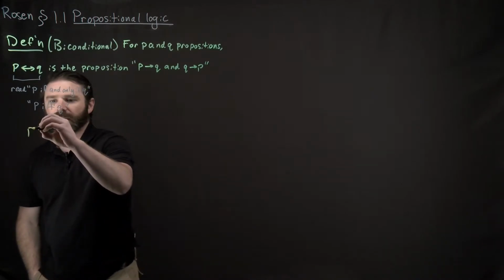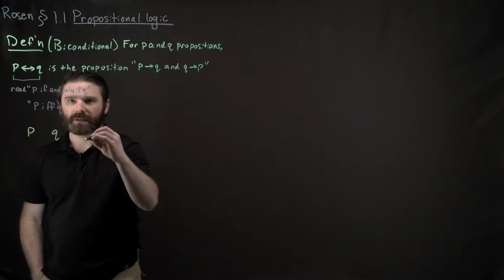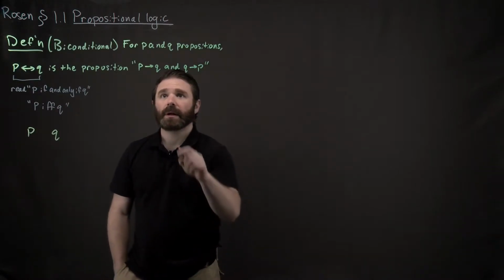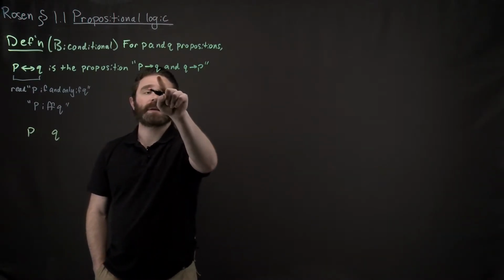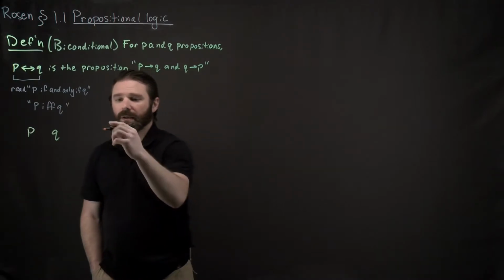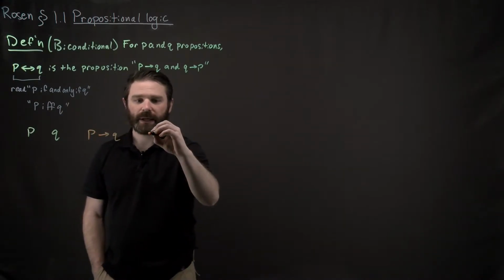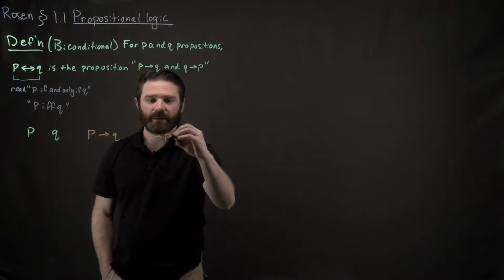So here we have P and Q, and I'm going to do some scratch work in the middle because I have a P implies Q and a Q implies P. So I'll do a bit of scratch work, P implies Q and Q implies P right here.